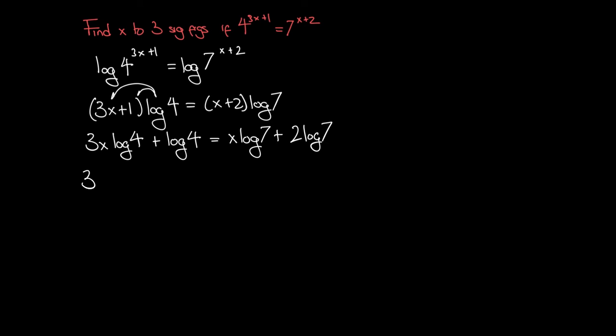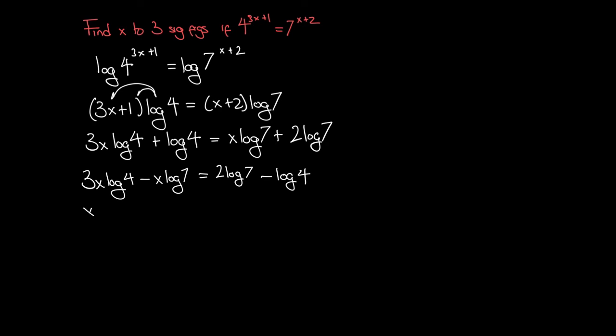So we have 3x log 4 minus x log 7, and I'm going to set that equal to the other side here, which is just going to end up being 2 log 7 minus log 4.